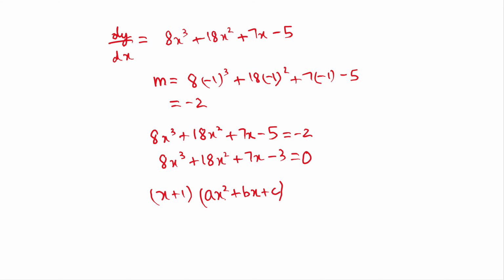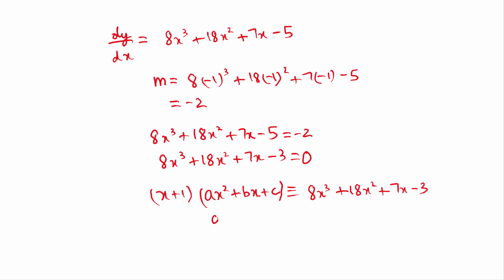We know that this expression will be equivalent to the main expression 8x cubed plus 18x squared plus 7x minus 3. These two expressions are equivalent. Now how can we get an x cubed term? In this expansion, if we multiply ax squared with x, we will get an x cubed term.